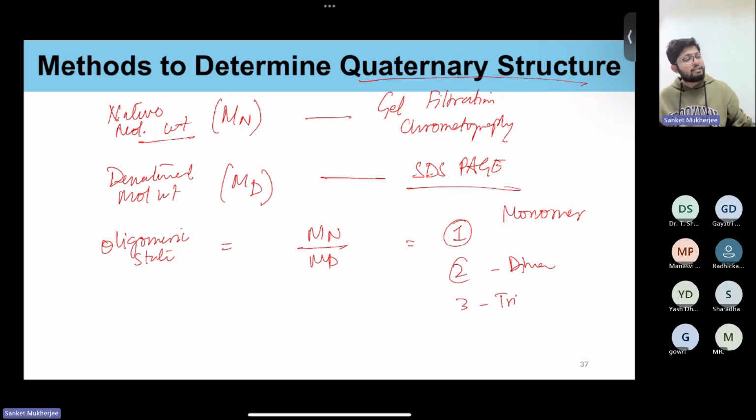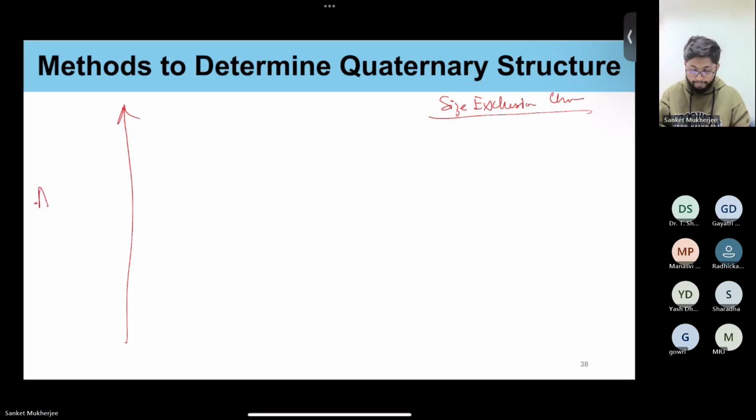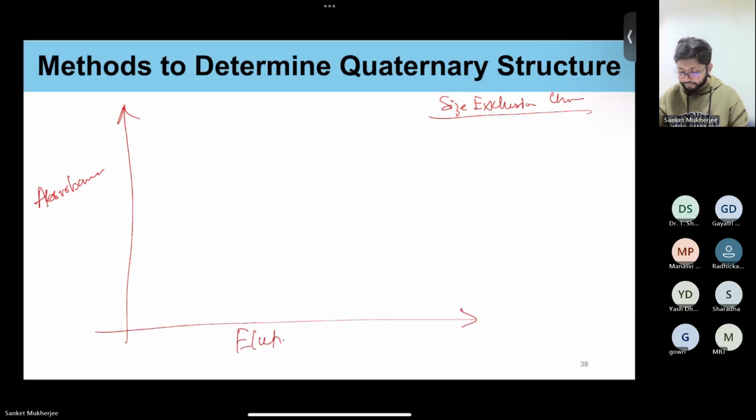Another way to do it is using chromatographic techniques, which will distinguish proteins based on size. So let's say size exclusion chromatography. In this case, what you see is absorbance on the y-axis, and the x-axis is the elution volume, or it could be time also.